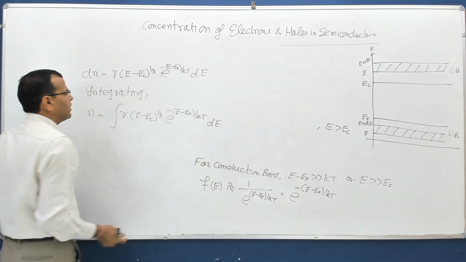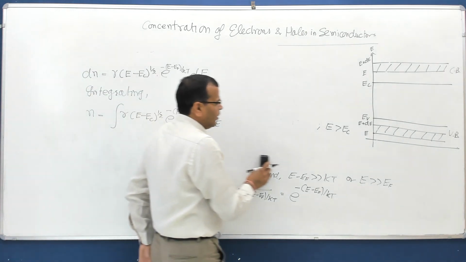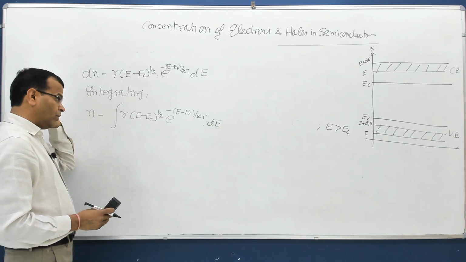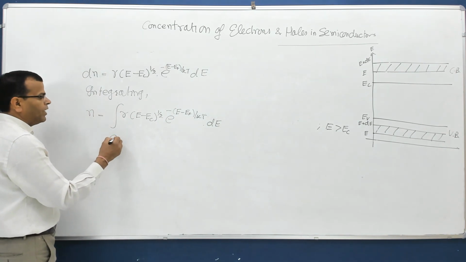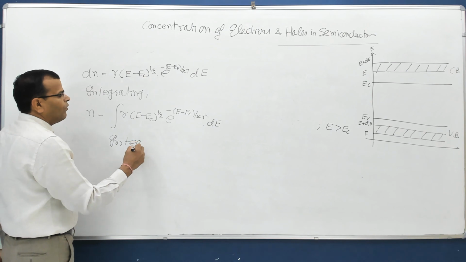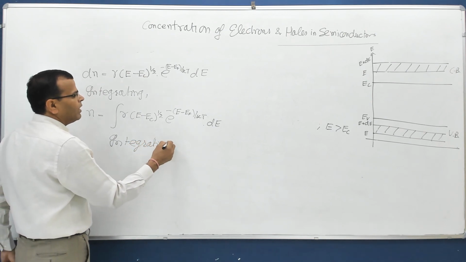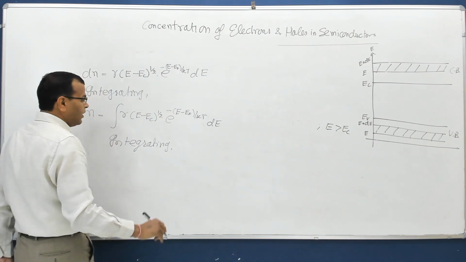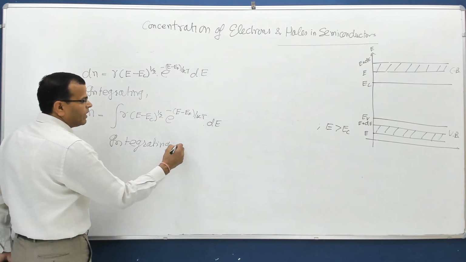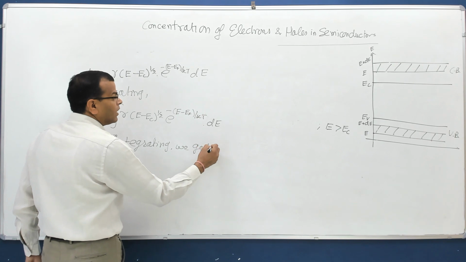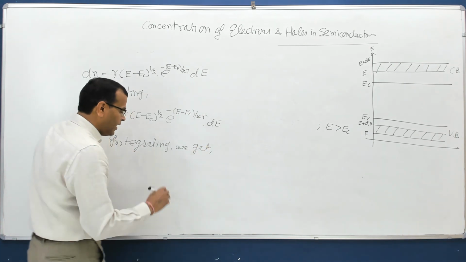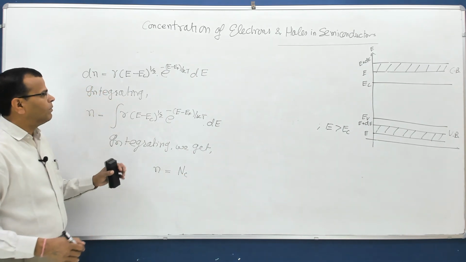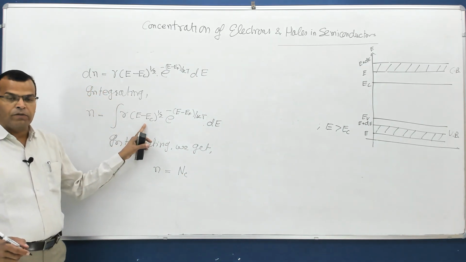That is your expression. But you need not remember everything; you need to remember the result after integrating. I'll not go through this integration because it will be lengthy. I'll write it directly, and what you need to remember is the integrated result, that is n equal to NC. I'm sorry, I need to write the limits as well.